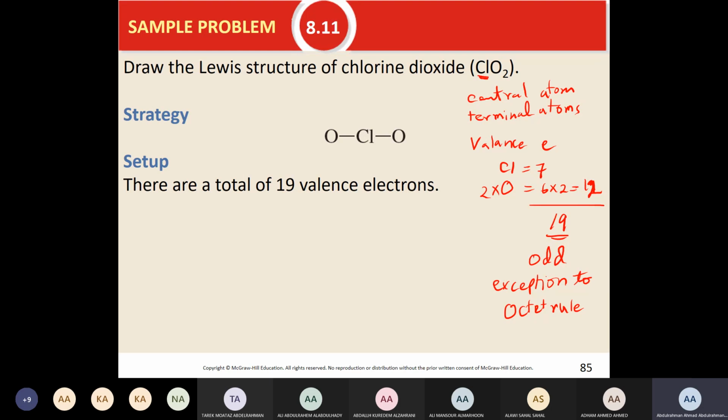How should I distribute them? As I said, I prefer always to have pairs. So I'll make 18 plus 1 electron. This means the 18 is how many pairs? 9 pairs plus 1 unpaired electron.